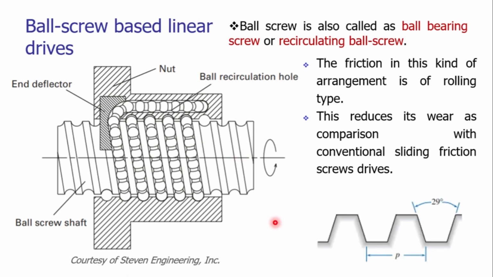In the typical screw and nut arrangement, we are using the Acme kind of thread. The angle of the thread is 29 degrees.